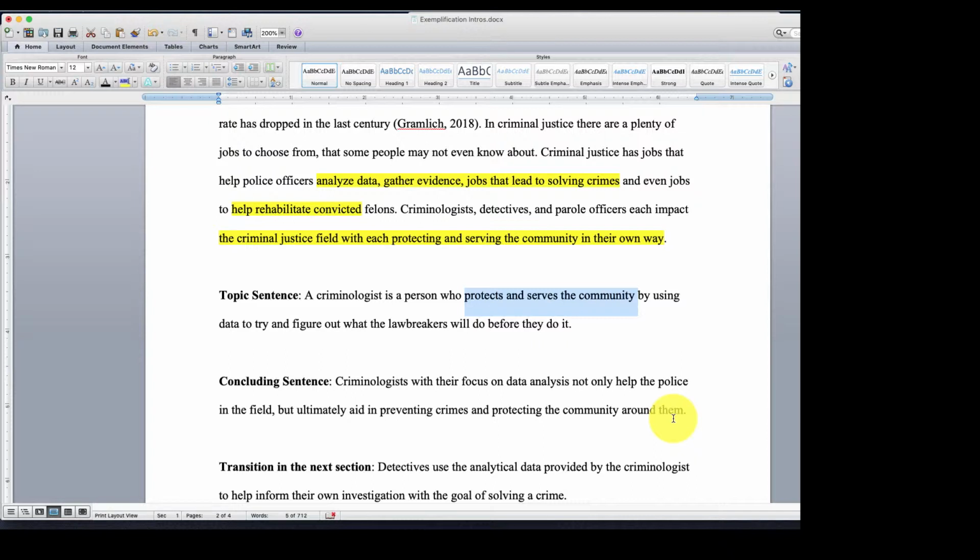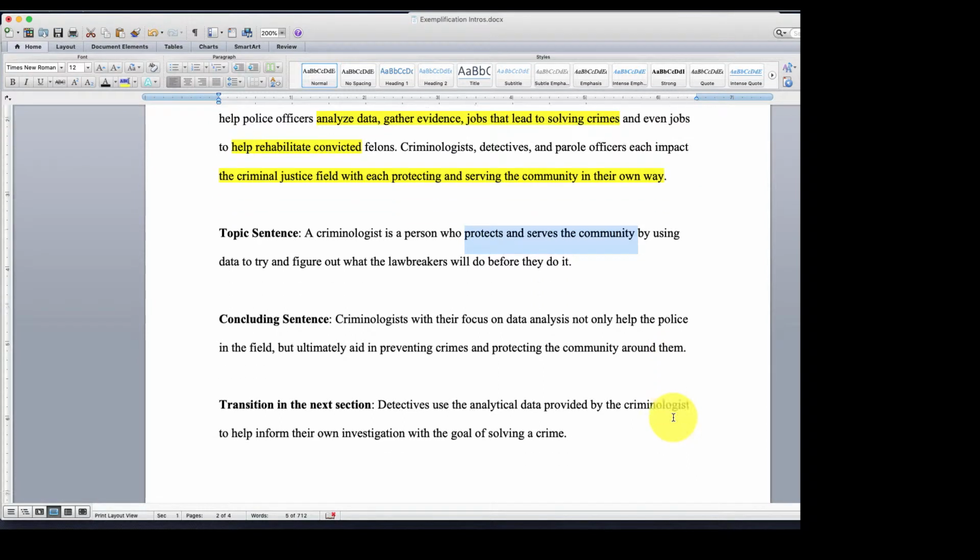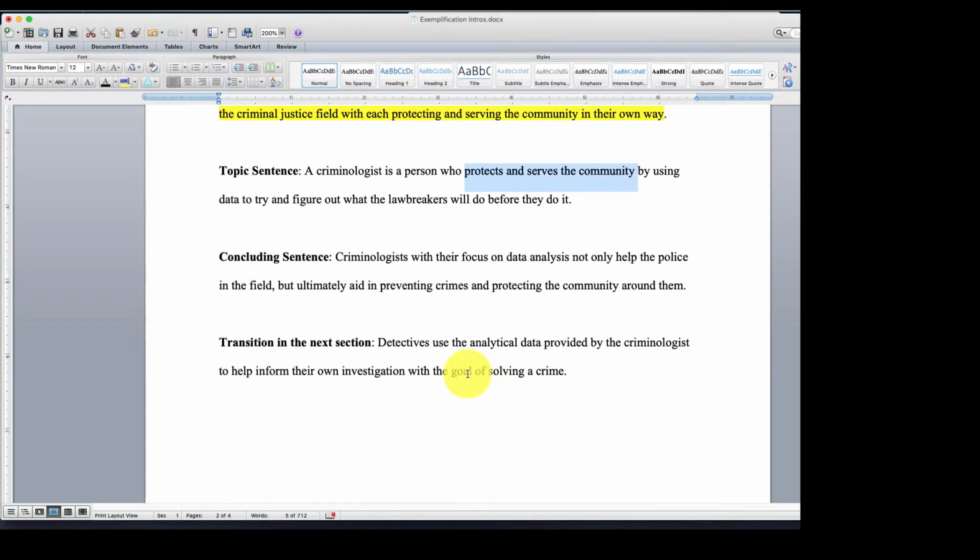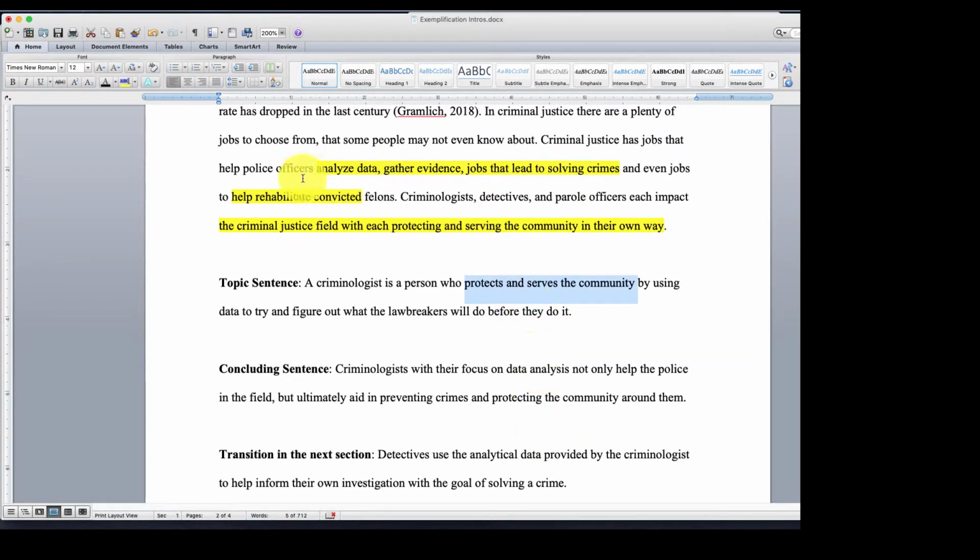So this person does it a little bit differently. In the next section, he actually refers back. Detectives use the analytical data provided by the criminologists to help inform their own investigation with the goal of solving crime. So again, you see this language coming in your paragraphs, and we always have a transition.